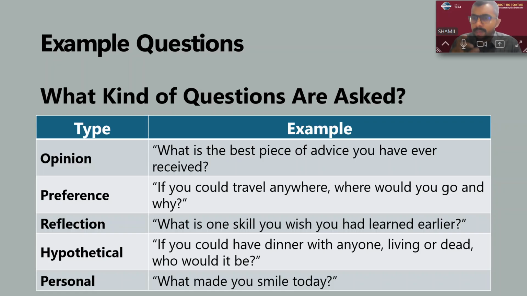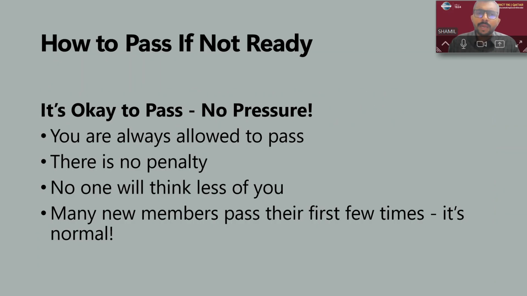These questions are meant to be entertaining, like, if you could have dinner with anyone, living or dead, who would it be? And then we have personal questions, like, what made you smile today? So these are several types. There could be types apart from these, but these are the common ones that you normally find in any table topic session.